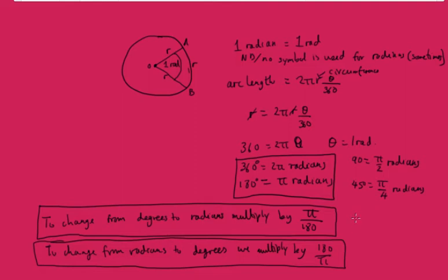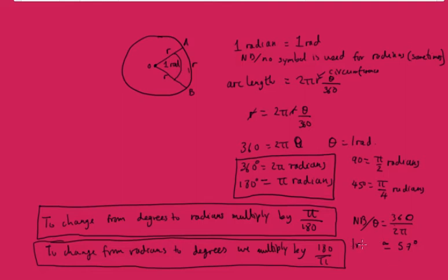And it is useful to note that if we were to go back to here, where we've said theta is 1 radian, if we were to actually go theta equals 360 over 2 pi, you would find that theta actually is roundabout 57 degrees.